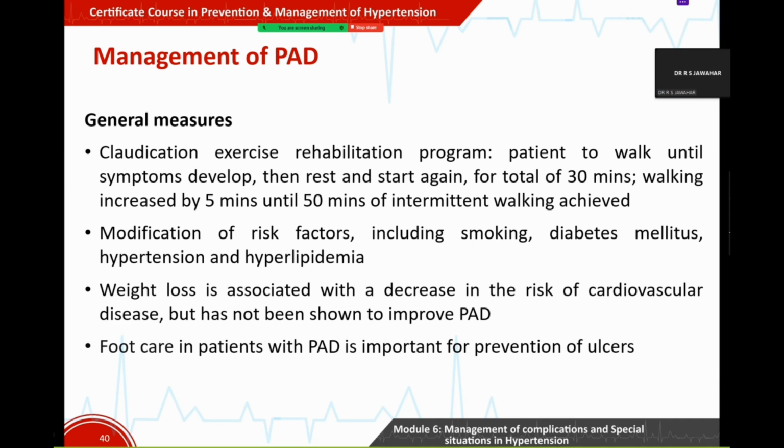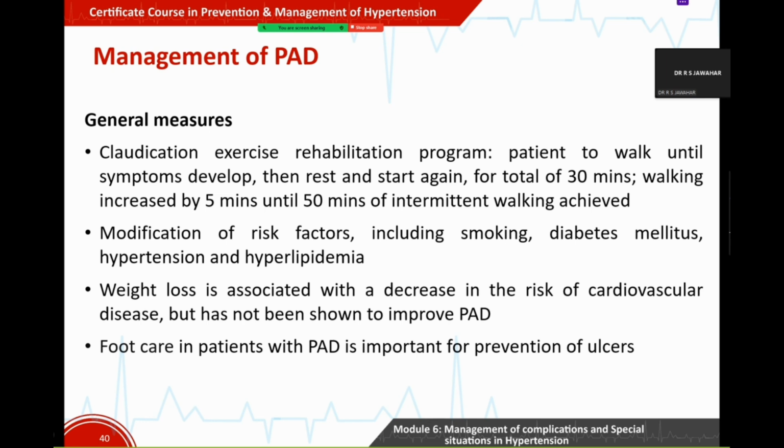Management of claudication: exercise and rehabilitation program. The patient walks until the symptoms develop, then rests and starts again, for a total of 30 minutes. Walking is increased by 5 minutes until 50 minutes of intermittent walking is achieved.